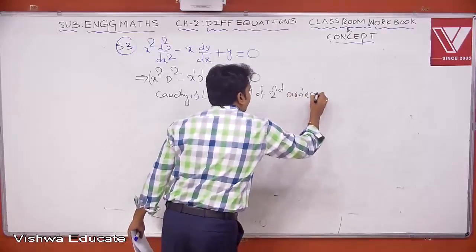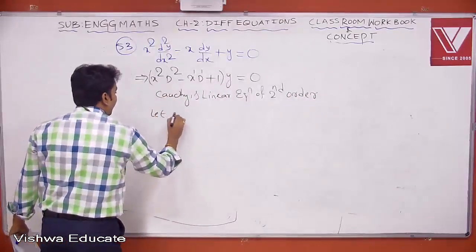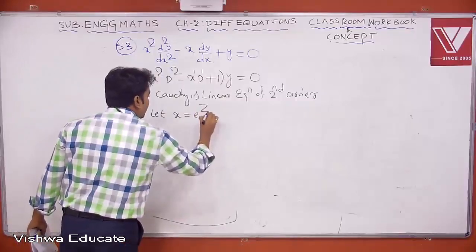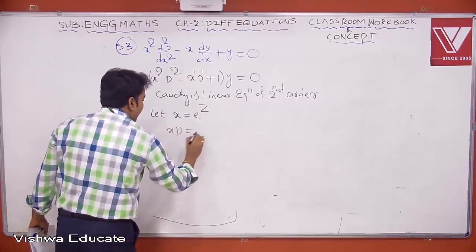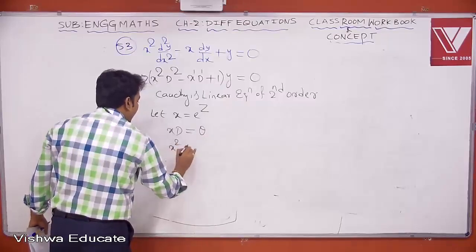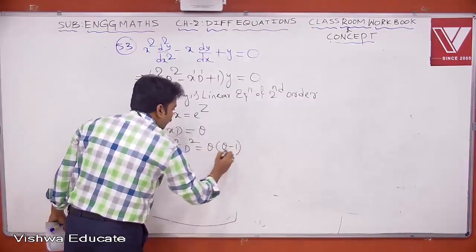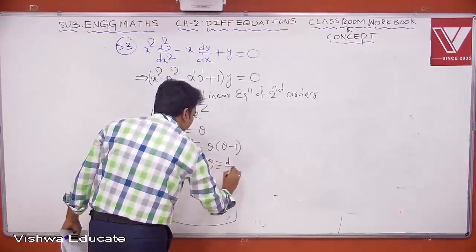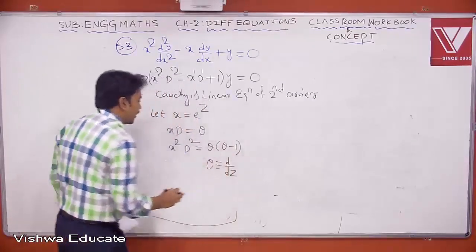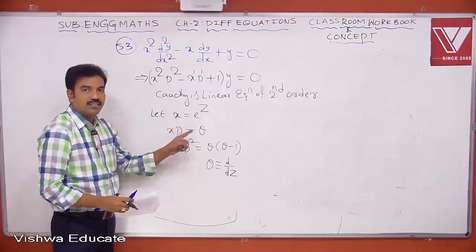Now let us handle this. In order to get the general solution of this equation, we take x equal to e power z. Then xd equals theta, and x square d square will be equal to theta into theta minus 1. This theta is nothing but the differential operator with respect to z. So we follow the procedure to solve Cauchy's equations.